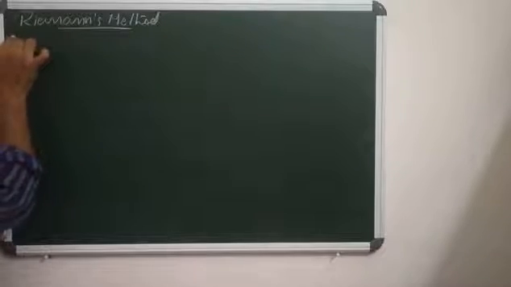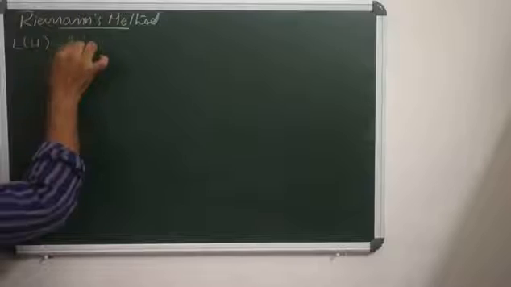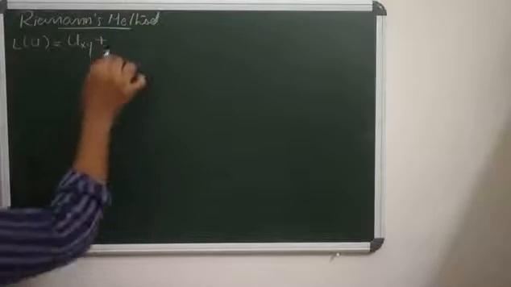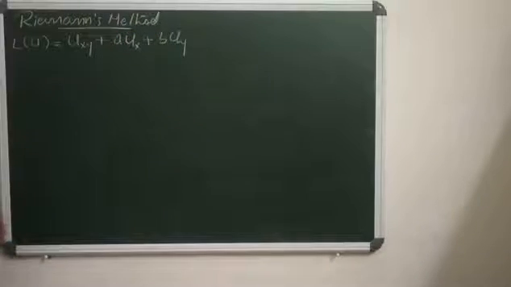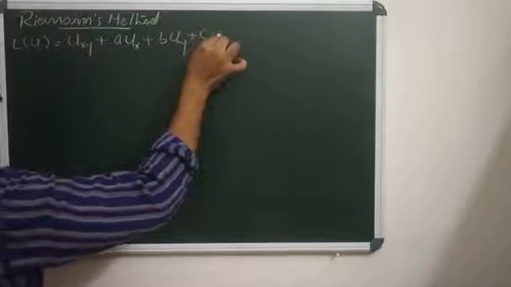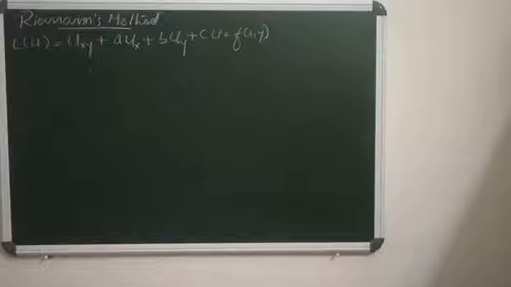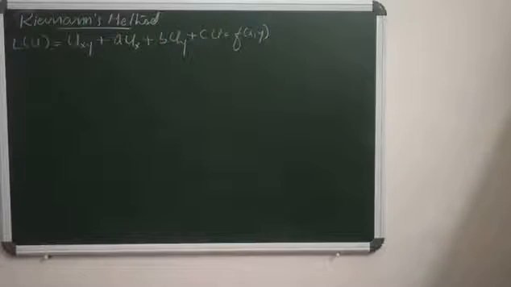The canonical form of a linear second order hyperbolic equation is L of u equals u_xy plus a u_x plus b u_y plus c u equals f of x, y. Here u_x means the partial derivative of u with respect to x, and a, b, c and f are functions of x and y.